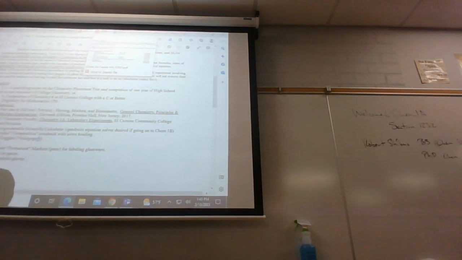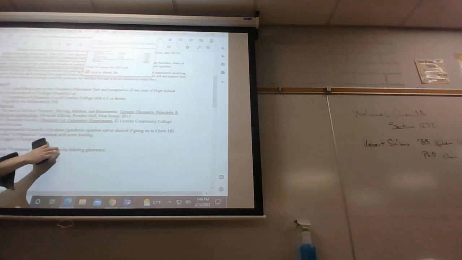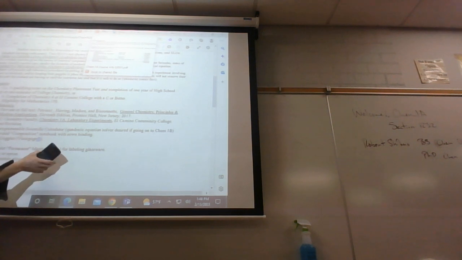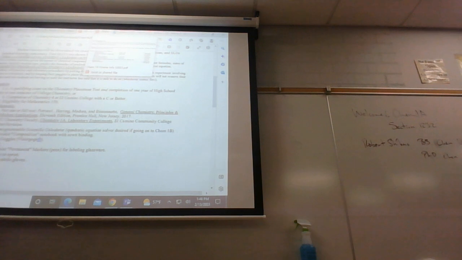You'll need a non-programmable calculator. I like this one, the Casio FX115. I really like this one because it solves quadratics. Actually, it solves cubic equations, third-order equations, and quadratics. This is a big help, especially in Chem 1B. In Chem 1B, you have to solve a lot of quadratics.